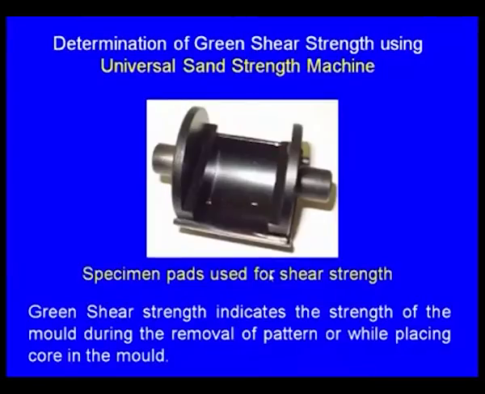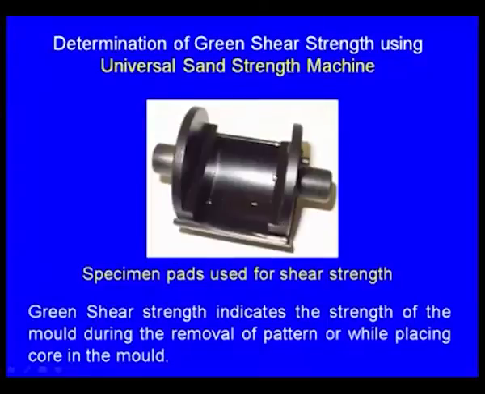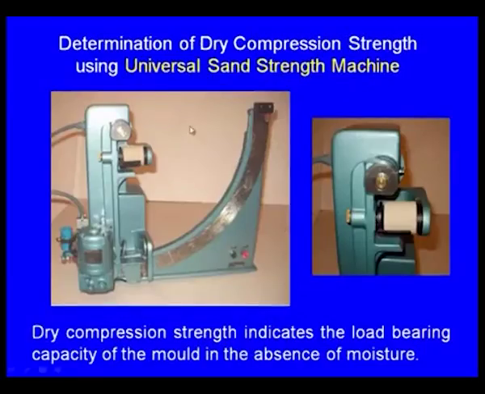In the case of measuring green compression strength, the specimen pads are plain. Here they have a projection. This is one pad with a projection here, and this is the other pad, and here also there is a projection, and in between we place the sand specimen.